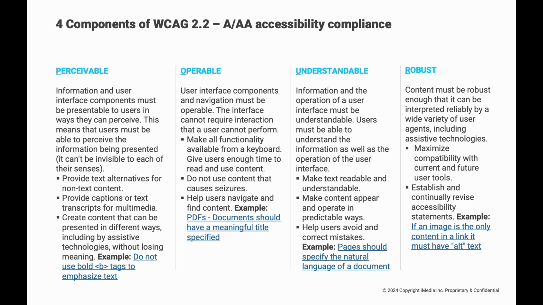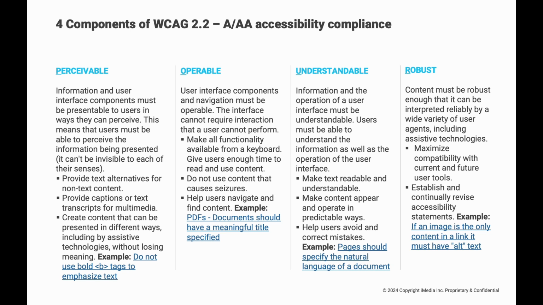Perceivable means information and user interface components must be presentable to users in ways they can perceive. This means users must be able to perceive information being presented. It can't be invisible to their senses. So you're always going to need to create content presented in ways, including by assistive technologies, without losing meaning. An example of this is don't use bold tags to emphasize text.